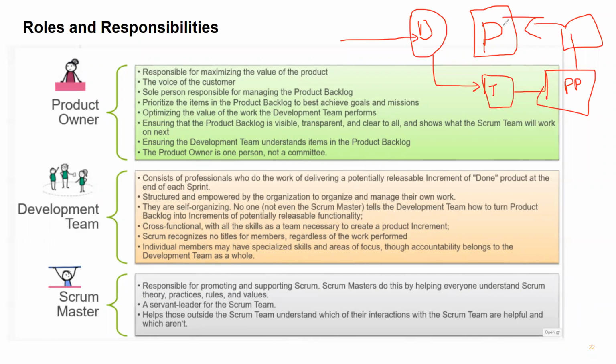Production. That means the production release will be bug free. Okay, so that is what they say. Now, this particular sprint we are talking about has a start and an end, right? So this is the start and this is the end.